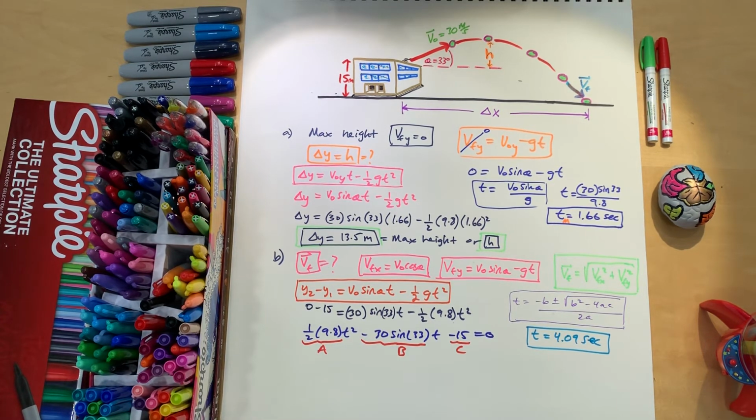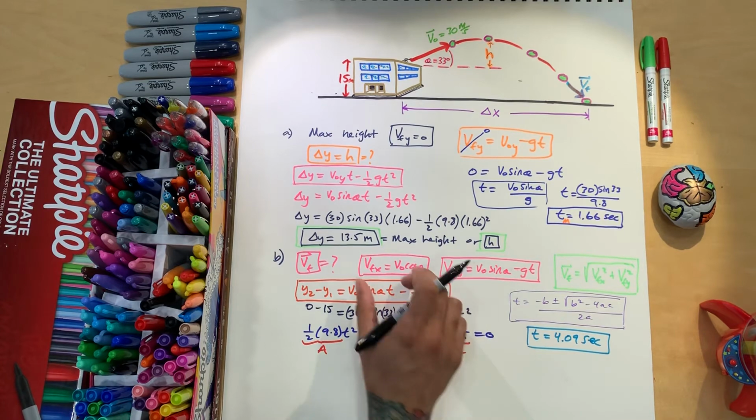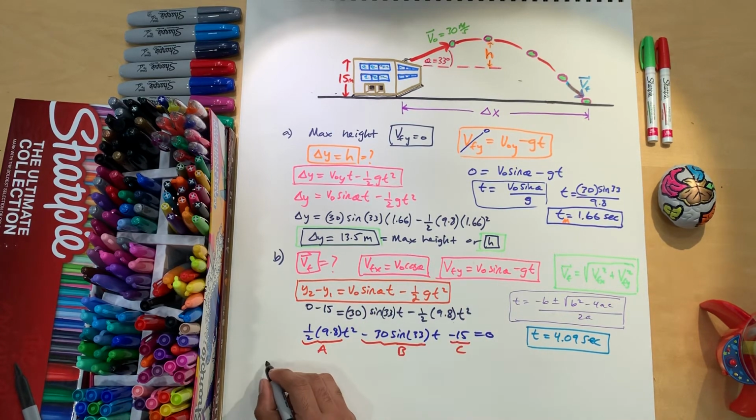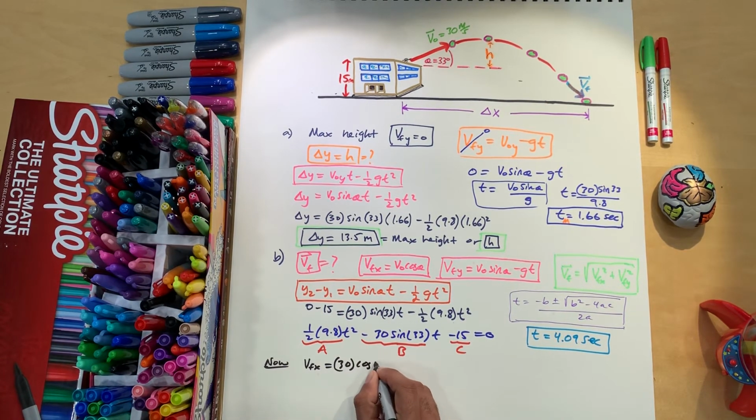So V initial, now that we found the time, V final X is going to be 30 times cosine of 33. And so V final X is going to be 25.16.